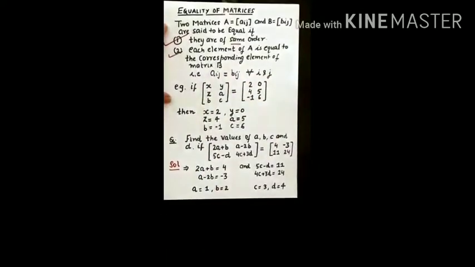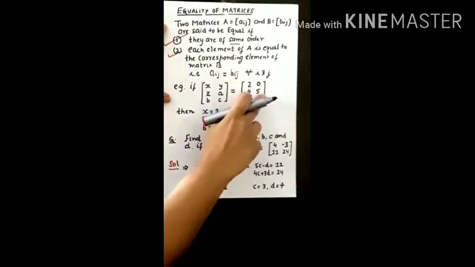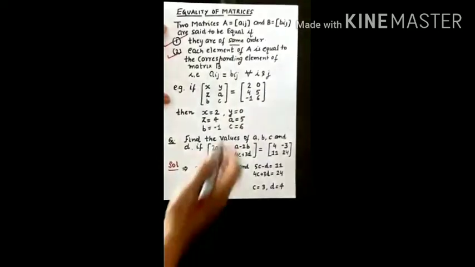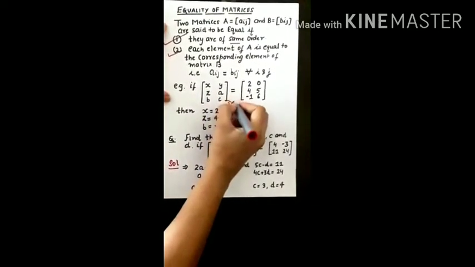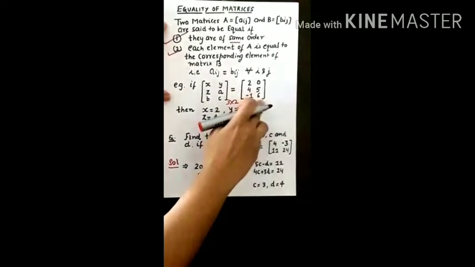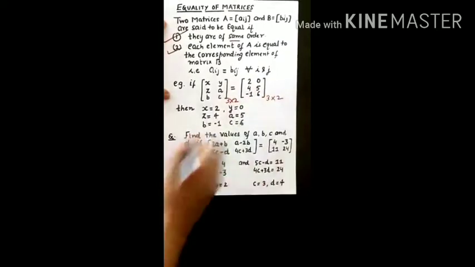For example, if this matrix is equal to this matrix, then you can see the order of this matrix is 3 by 2 and also the order of this matrix is again 3 by 2.